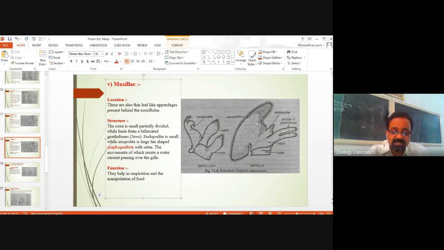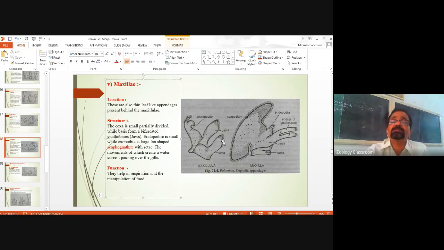So it has a role in assisting the process of respiration, so that the water with the load of dissolved oxygen should come in contact with the gills, and the gills, which are actually the respiratory organs here, play a role in gaseous exchange.